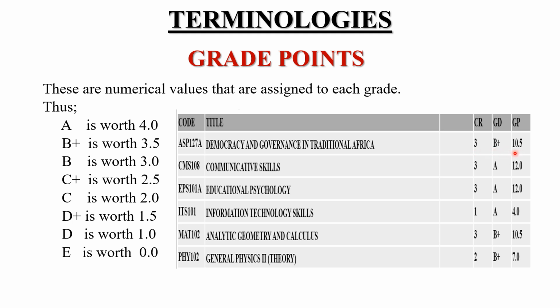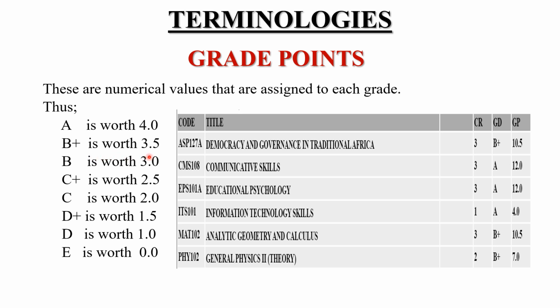The grade point for Democracy and Governance in Traditional Africa can be computed by multiplying the credits by the grade point associated with B+. The numerical value associated with B+ is what we have here, that is 3.5.